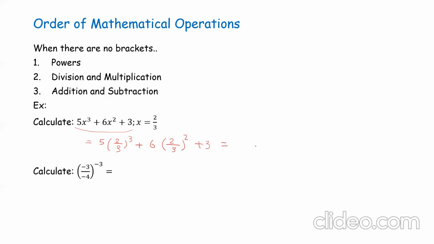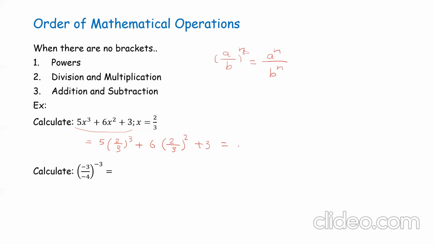This is equal to, first of all, we need to calculate the powers. So we have 2 over 3 to the power of 3. This will be equal, according to the rule we have seen before, that says a over b raised to the power of n is equal to a to the power of n over b to the power of n.